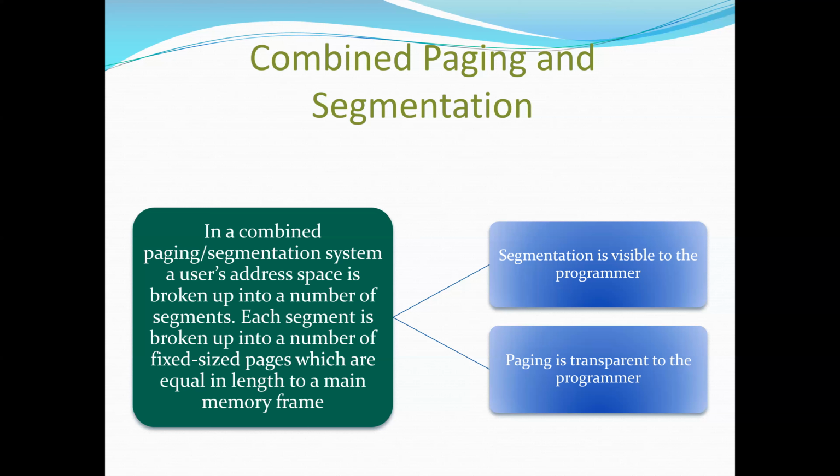If a segment has a length less than that of a page, then the segment will occupy just one page. From the programmer's point of view, a logical address still consists of a segment number and a segment offset. But from the system's point of view, the segment offset is viewed as a page number and page offset for the page within the specified segment.